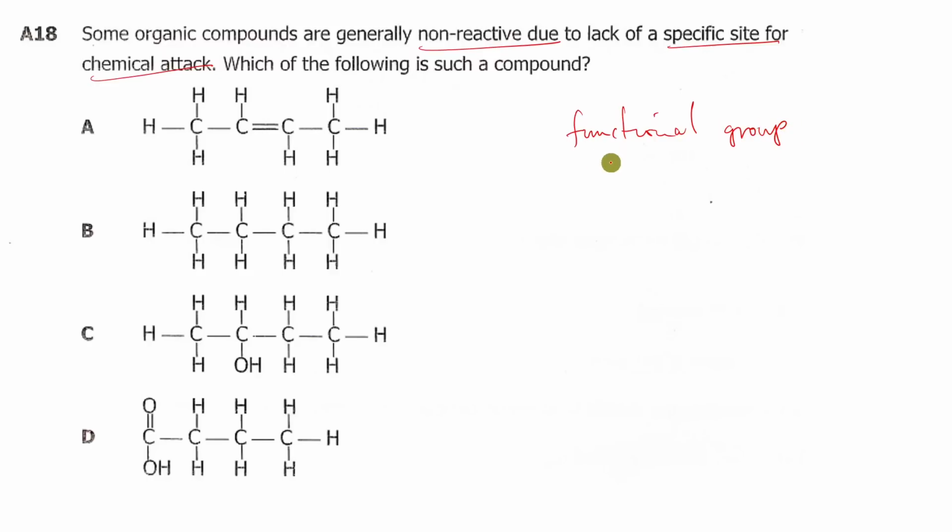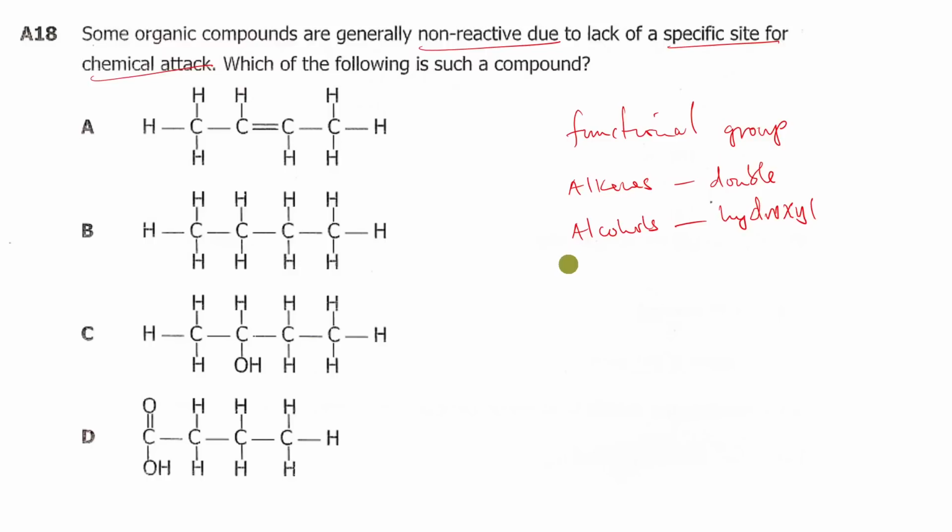Like alkenes, their site is the double bond. For alcohols, it is the hydroxyl group. For carboxylic acids, the carboxyl group, then esters, the COO.